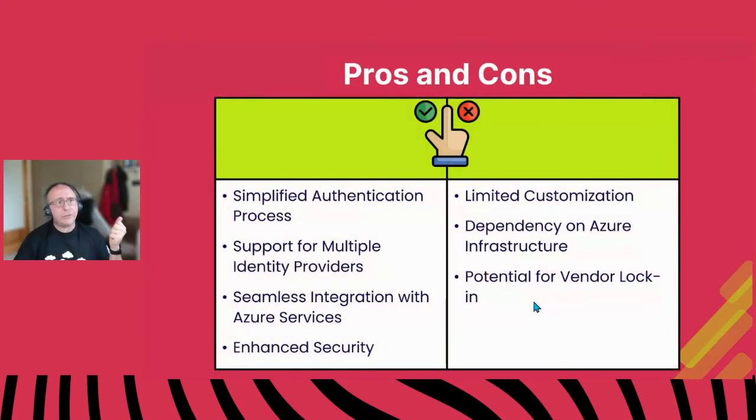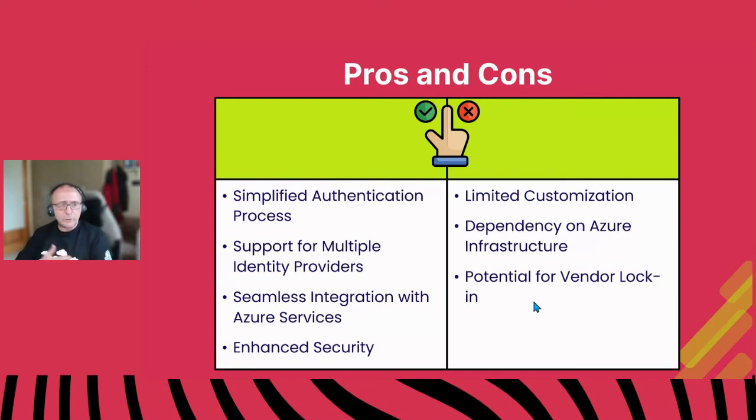Pros and cons. Pros, very, very easy. If you just have to add an authentication process, it's very easy. Support for multiple identity providers and virtually any OpenID Connect provider, even if you have an internal on-prem identity provider you expose, you can interact with the app service, just because OpenID is a standard.